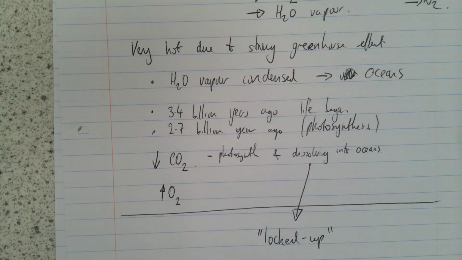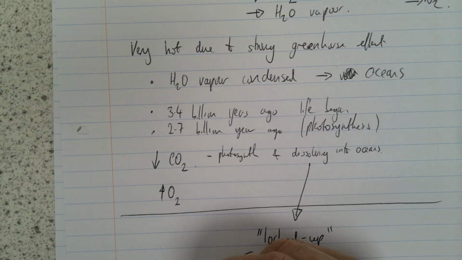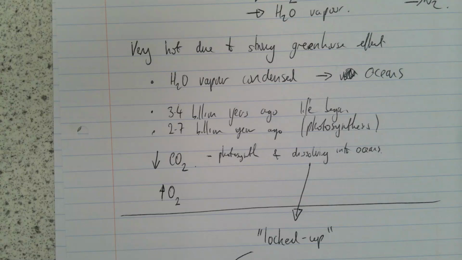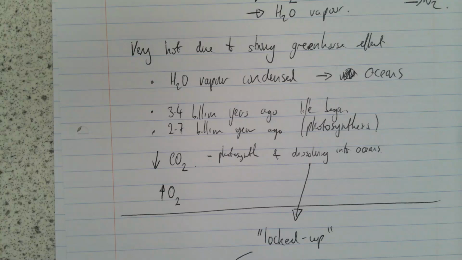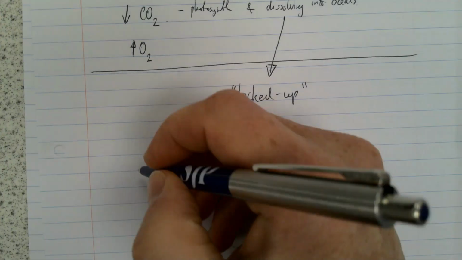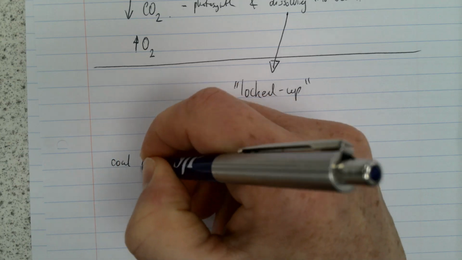All of that was covered in your lessons last year. But places that can be locked up are fossil fuels. So think about plants, as we talked about in a previous lesson, plants being squished, compressed, and turned into fossil fuels. Those fossil fuels will particularly be coal, enormous amounts of coal, and crude oil.